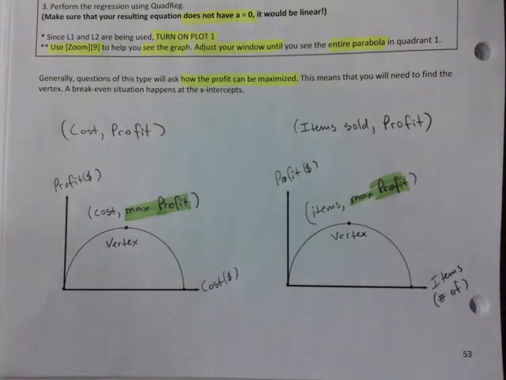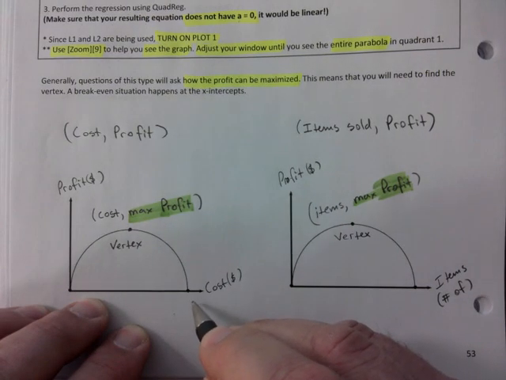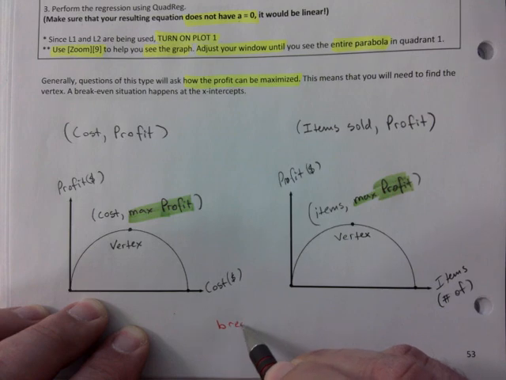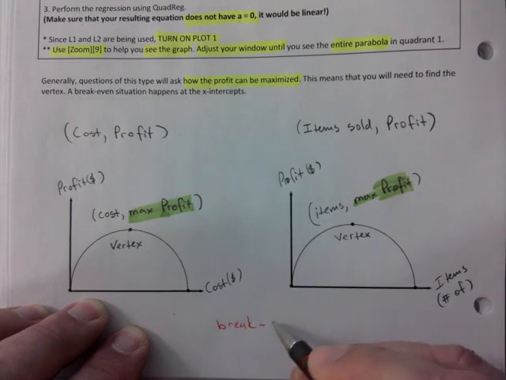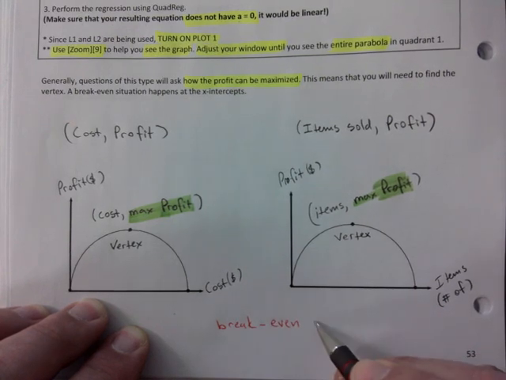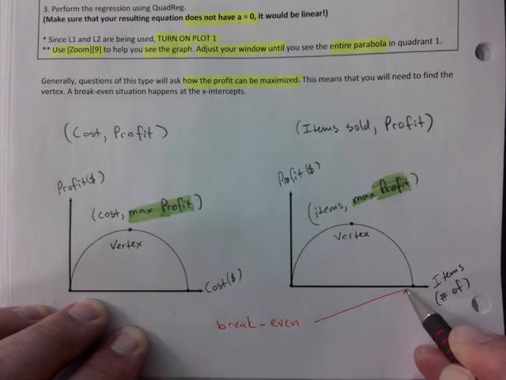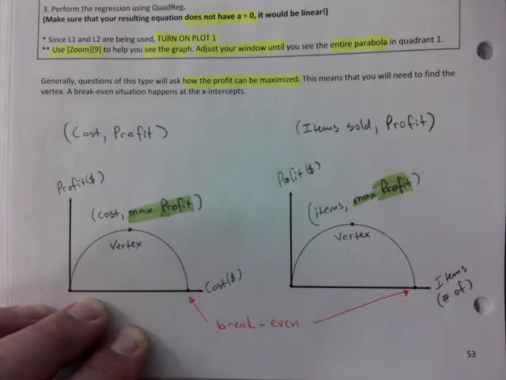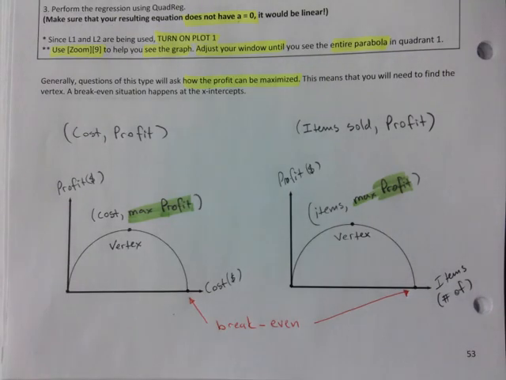Okay. Let's talk about break even. The x-intercept right here, I will write down break even first. Right, like you would make zero profit, like you wouldn't be making any money.